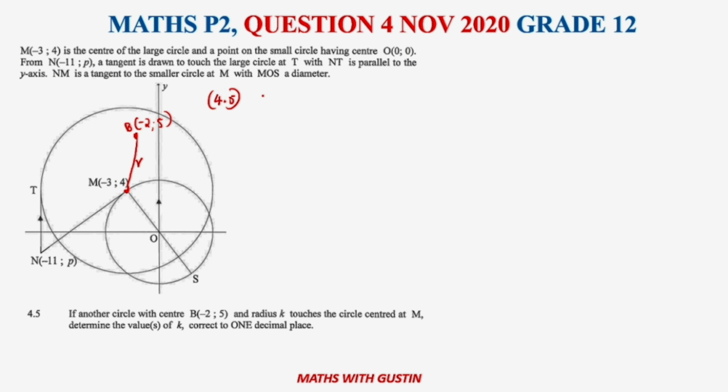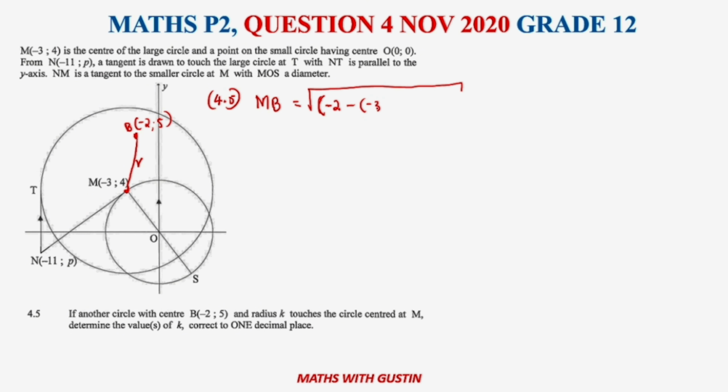All right, so let's say MB into the distance formula. Guys, I don't like writing out the distance formula. You already know it, you can check it on your formula sheet. I can't keep writing the distance formula.